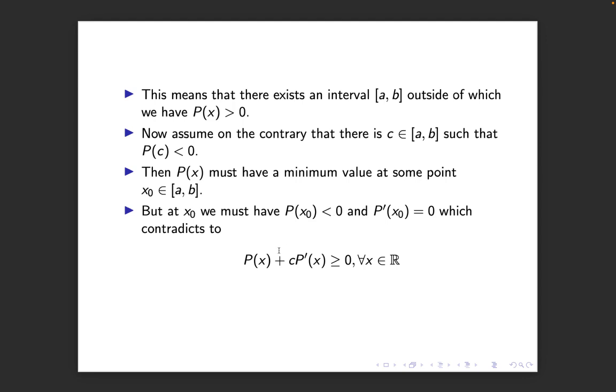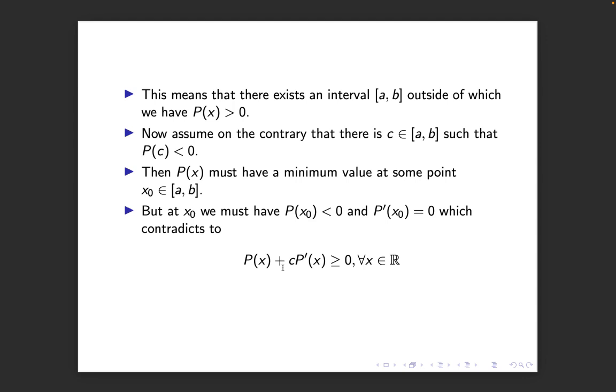But when we plug in x0 for x here, p of x0 will be less than 0, and p prime of x0 will be equal to 0. So the existence of a point where p of c is less than 0 will necessarily imply that this polynomial has a negative value at x0.